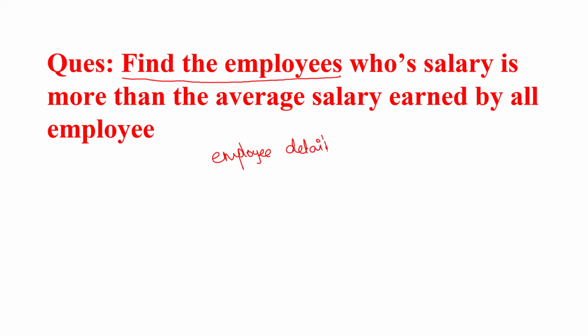It is not specified what particular part is needed. You just said you need to find the employee details, that is, you have to use star. Whose salary is more than the average salary. So this employee's salary should be greater than the average salary earned by all employees.